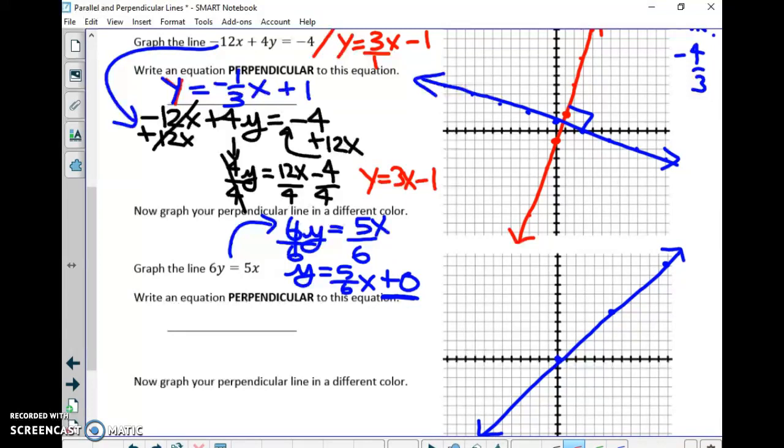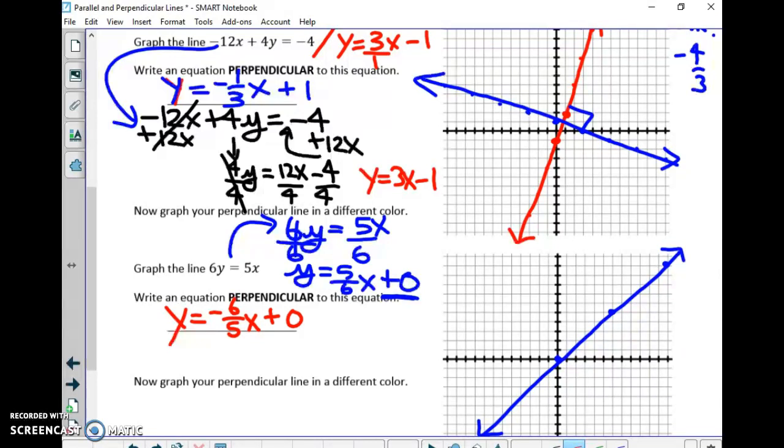And then for my perpendicular slope, what is the opposite reciprocal of 5 over 6? Positive 5 over 6. Change the sign, negative, and then flip the fraction, 6 over 5. So negative 6 over 5x. Do we want to change the y-intercept from 0? We can. Or not, whatever, so put +0, why not?